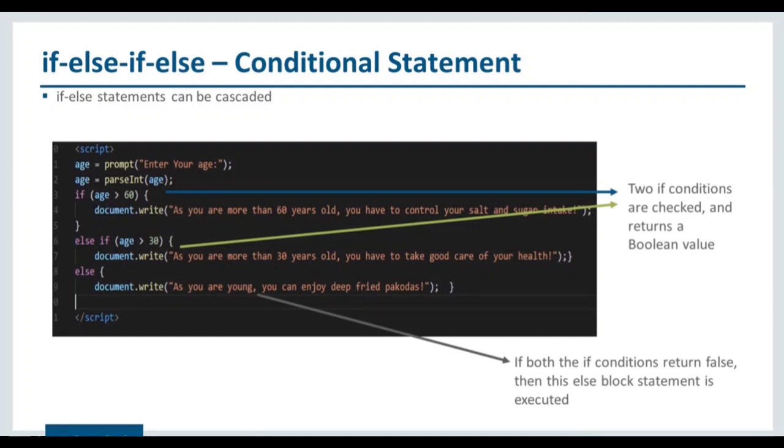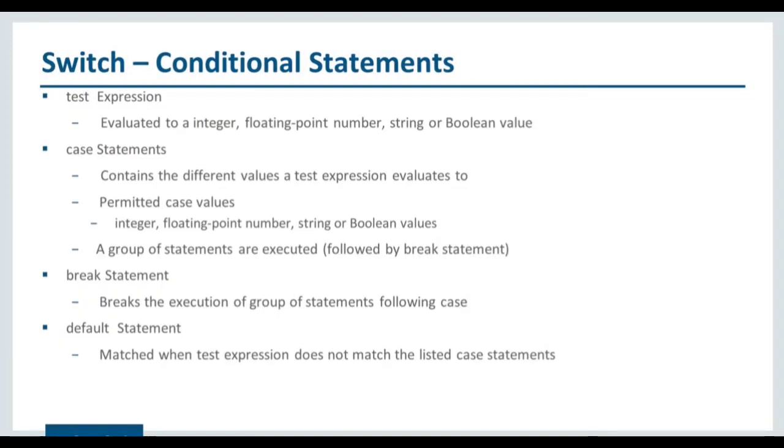Now, what if in the else block you also want to write some condition? For example, you ask the user to prompt his or her age. The user enters the age. You take it in a variable called age, and in this age variable, you write a condition: if age is greater than 60, then you have to control your sugar and salt intake. When you reach the else part, that means he is not greater than 60, so his age is from 0 to 59.